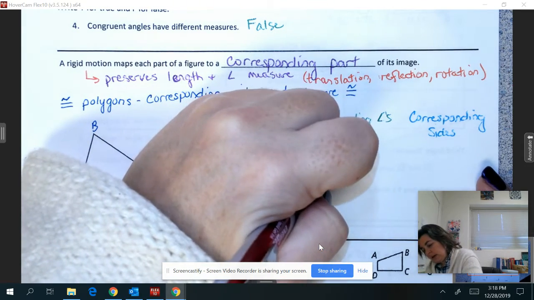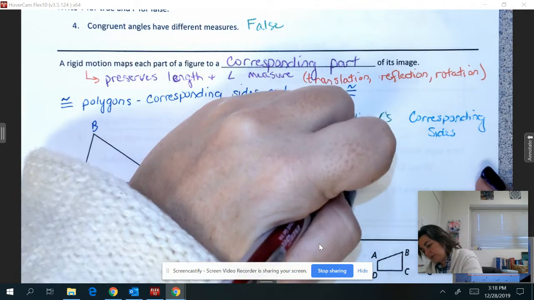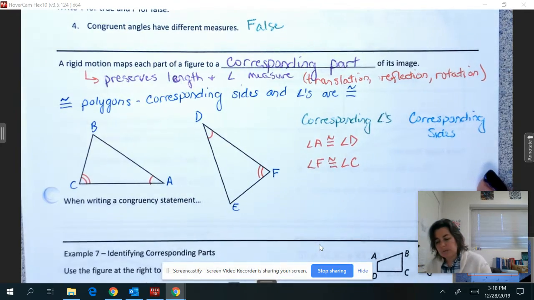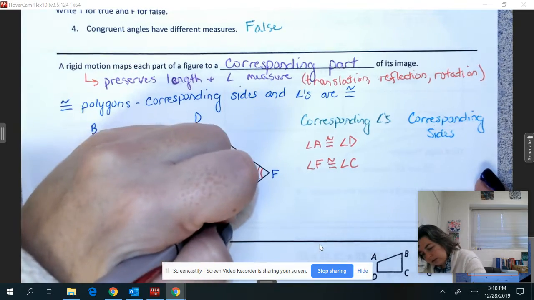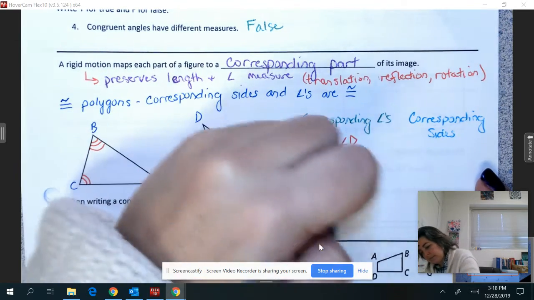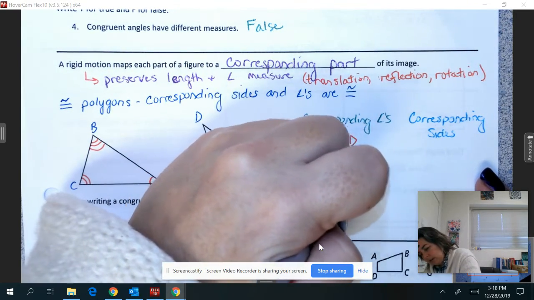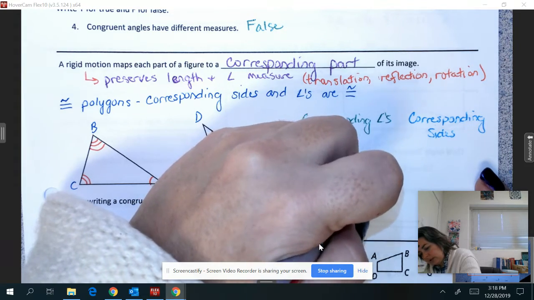So you can say angle F is congruent to angle C. Those are corresponding parts. And then B and E are the same. So I'm going to put 3 arcs on each of those. Angle B is congruent to angle E.